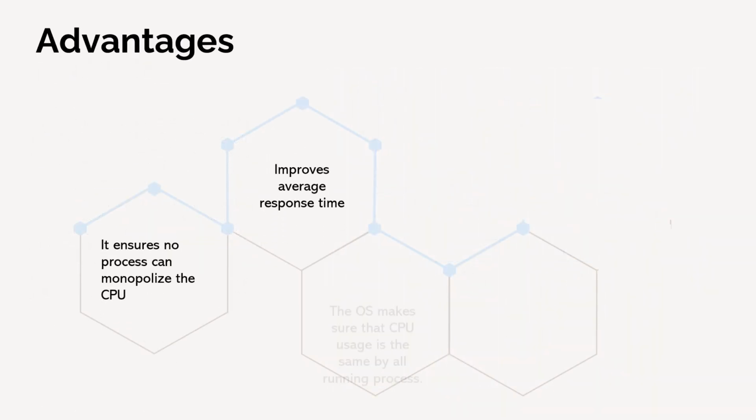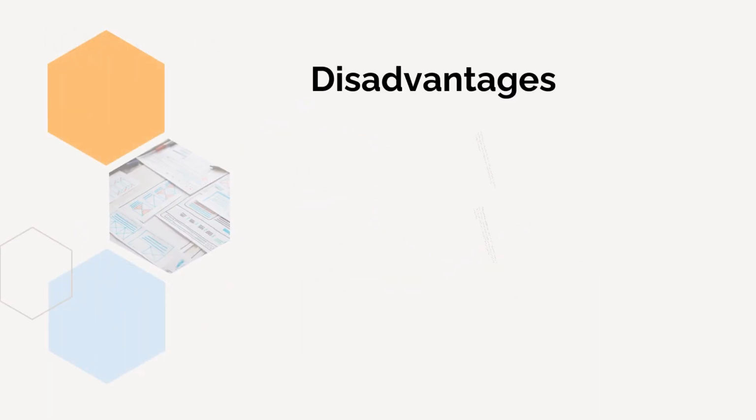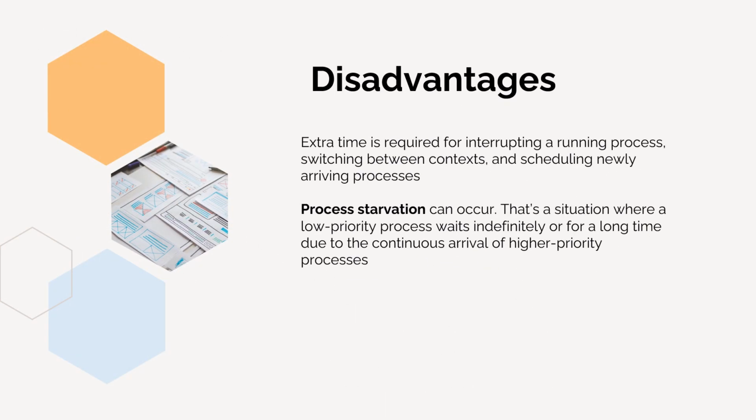Here are some advantages of primitive scheduling. It ensures no process can monopolize the CPU. It improves average response time. The operating system makes sure that CPU usage is the same by all running processes. And the last one is it avoids deadlocks. Let's talk about disadvantages.